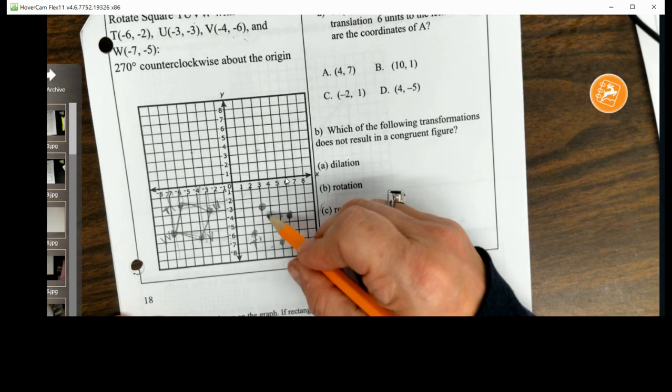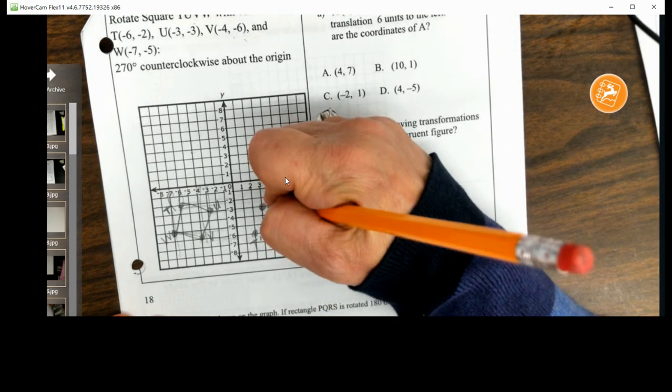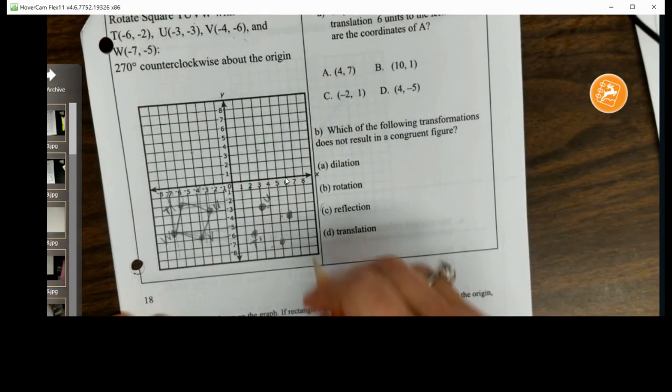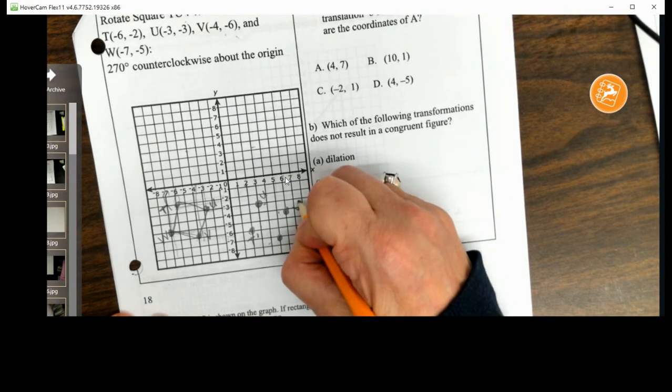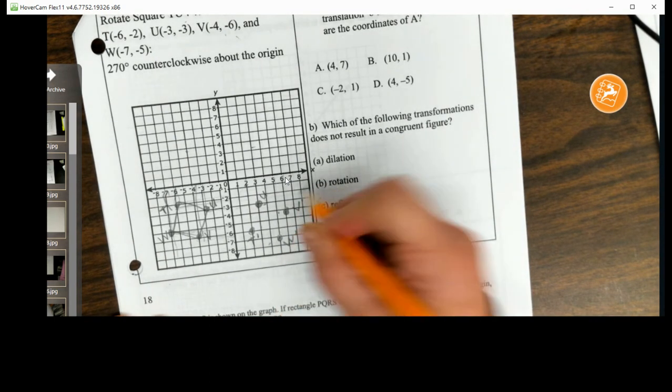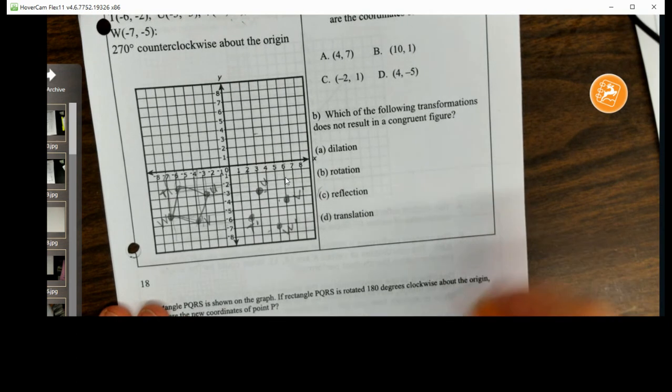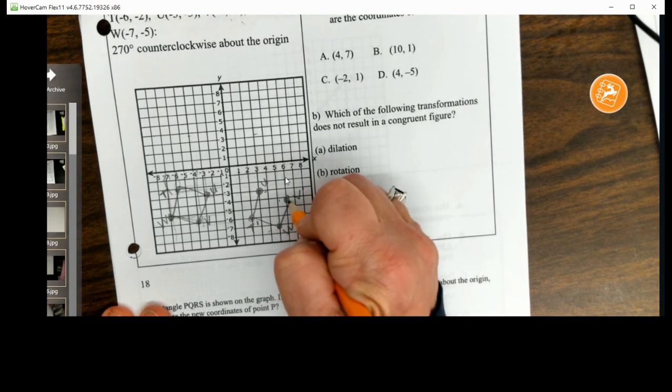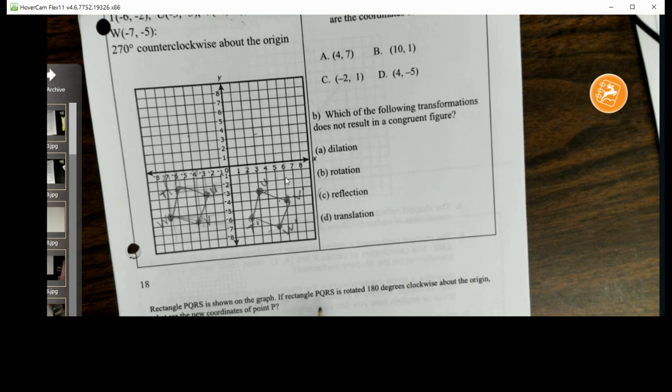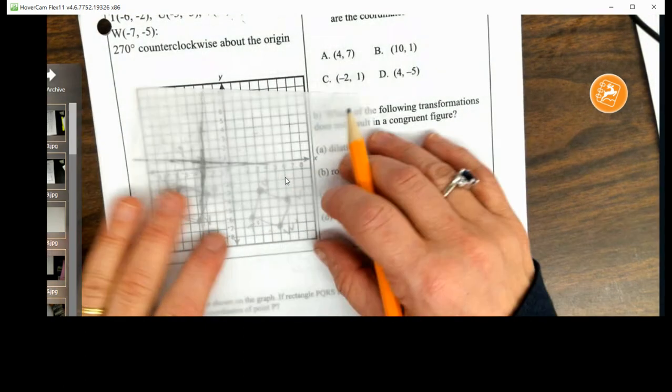This is T, this is U, this is V, and this is W. Very important with squares to mark the letters. Okay, and let's see if it works out with our tracing paper.